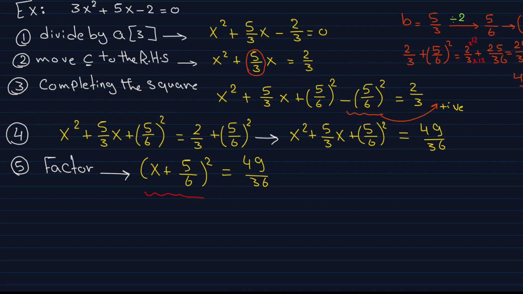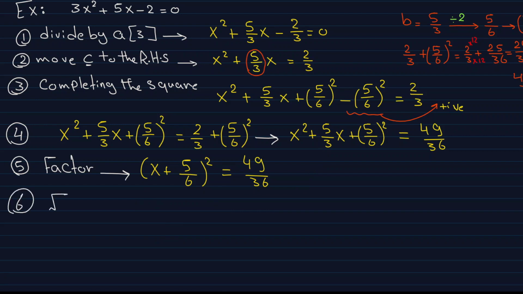How did I get 5/6? So let's break it down again. 5/6 times x times 2. You're gonna have 2 times (5/6)x. When you simplify it, 2 will become 1 and 6 will become 3, which will be (5/3)x, which is this term, (5/3)x.